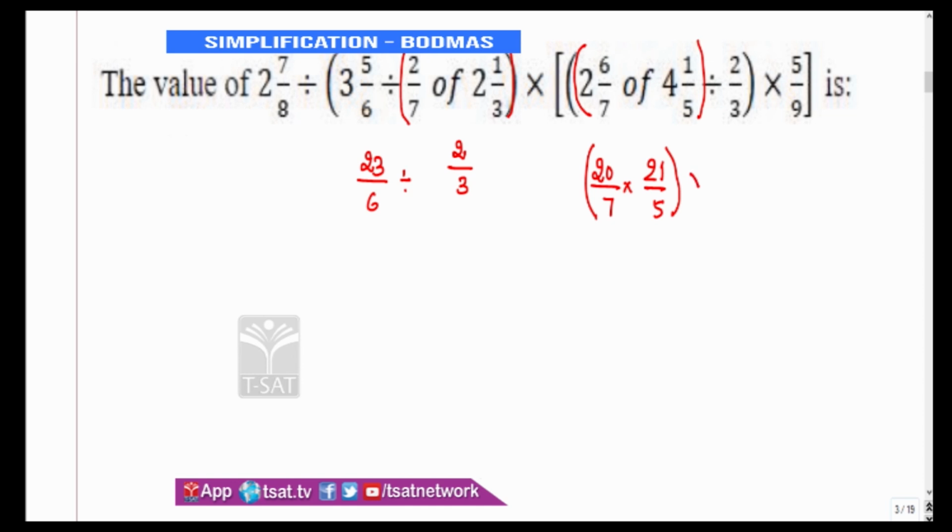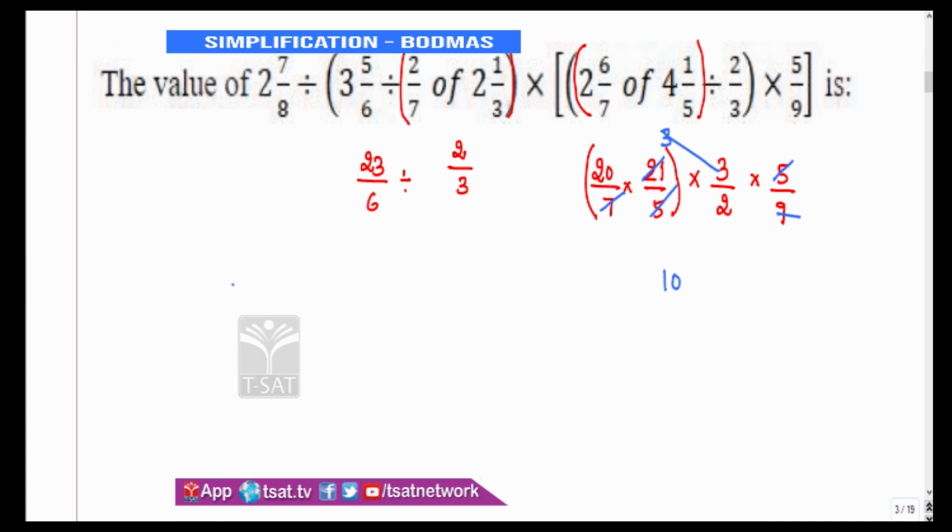So if I remove division, it will be into, this becomes 3 by 2 because it reciprocates. Then after into 5 by 9. Now you can cancel it and simplify it. 3 is, 5, 5 cancel, 9, 9 also cancel. So simply this bracket is 20 by 2, which is 10.